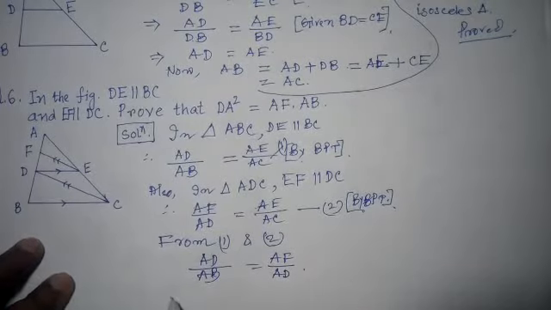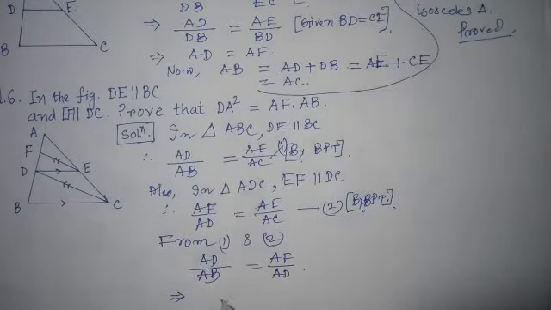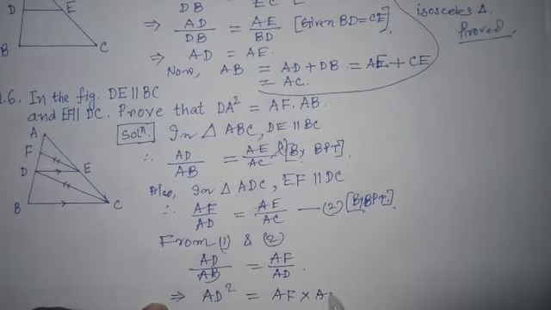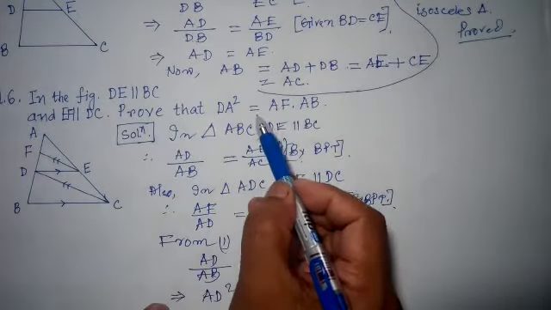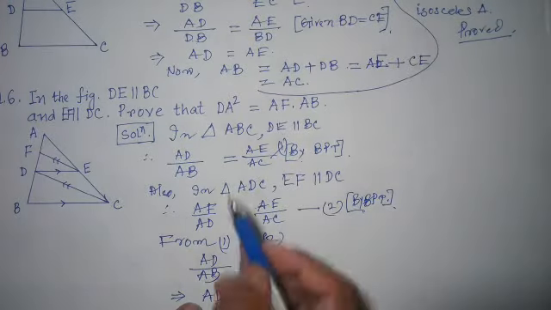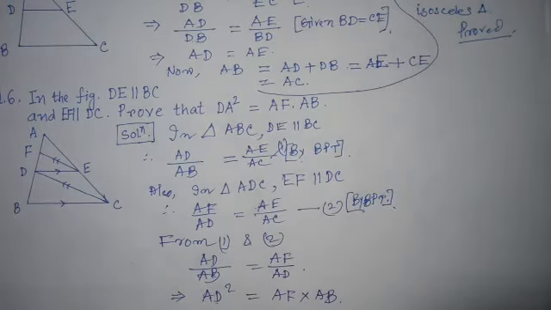Do the cross multiplication: AD into AD will be AD square, equal to AB into AF, or we can write AF into AB. That we wanted to prove. AD square and DA square are the same, so DA square is equal to AF into AB. So proved.